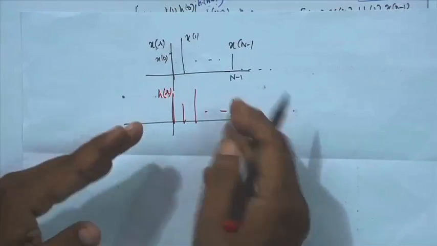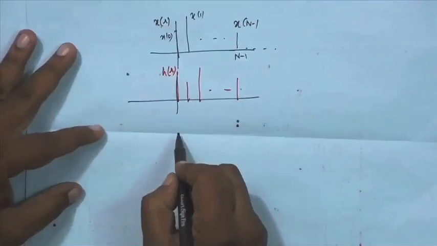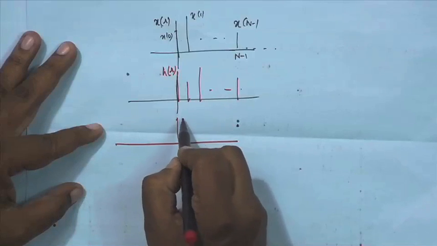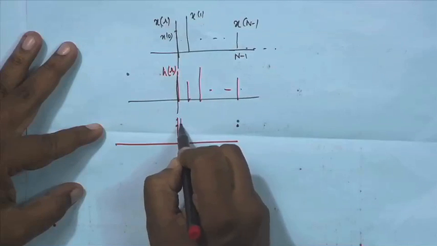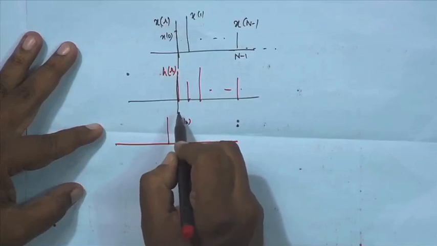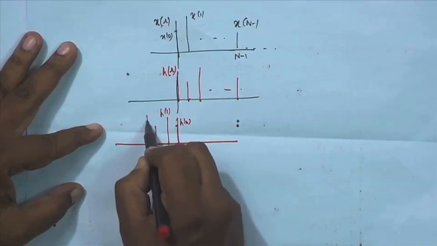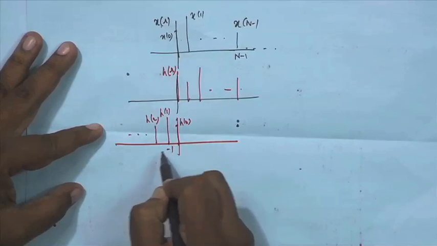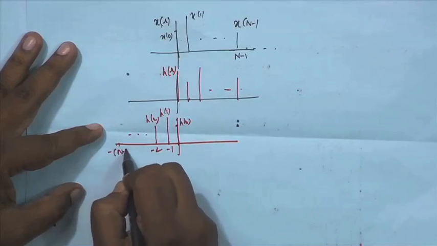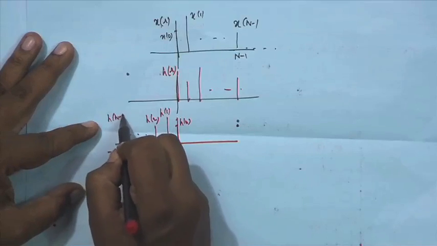When you convolve, you have to flip this one. So suppose you flip it. You have h0, then at minus 1 this, at minus 2 this, and at minus N minus 1 you have h[N minus 1].